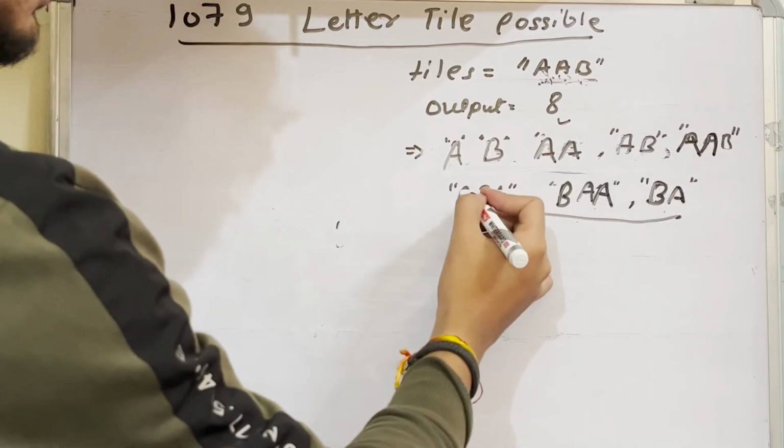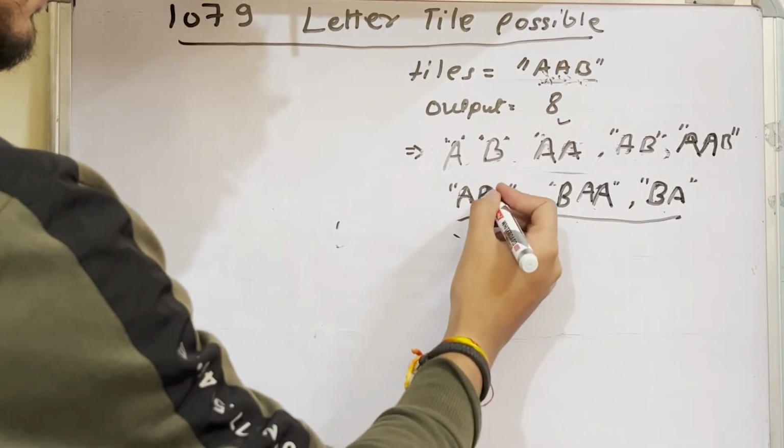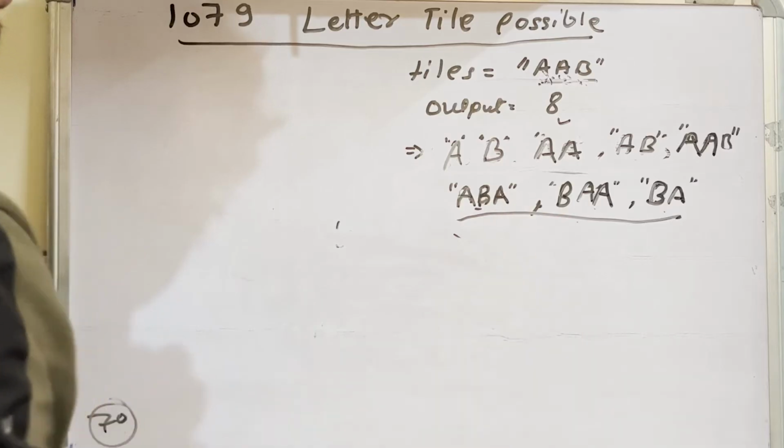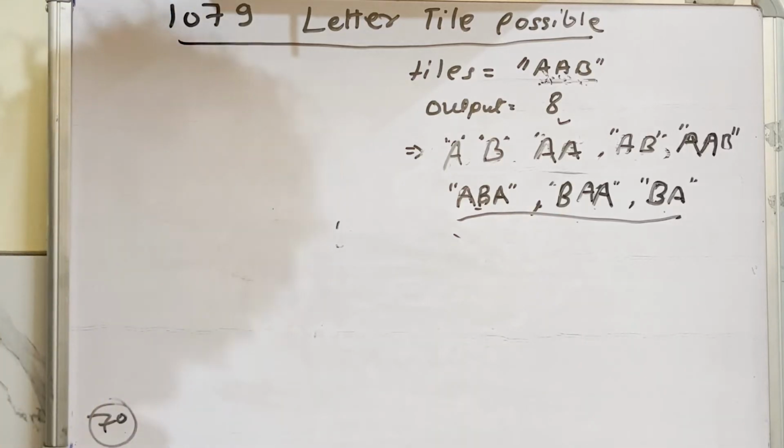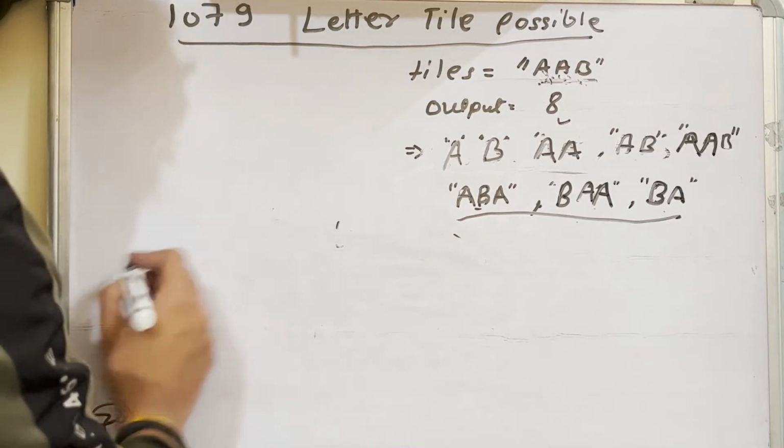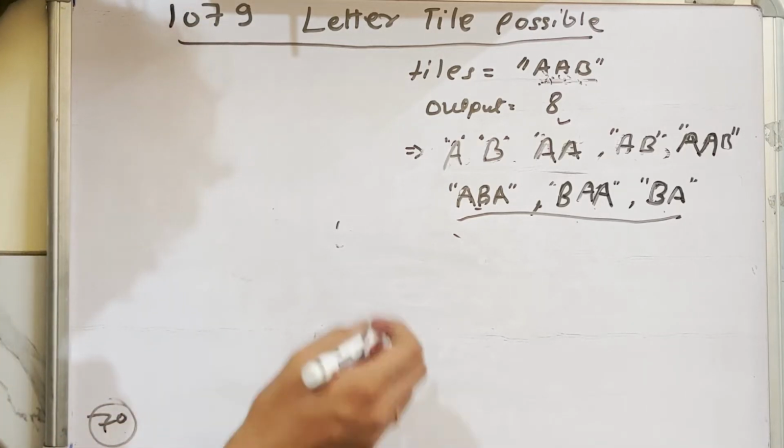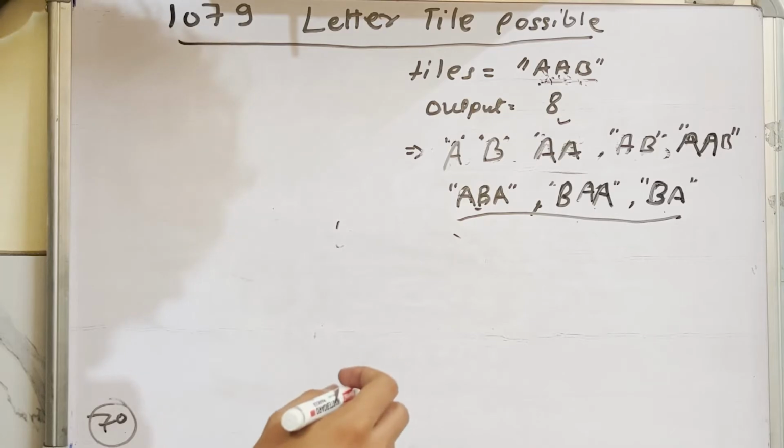I hope this is readable now. Okay, so you have to use a set where you keep the new strings that you are making.